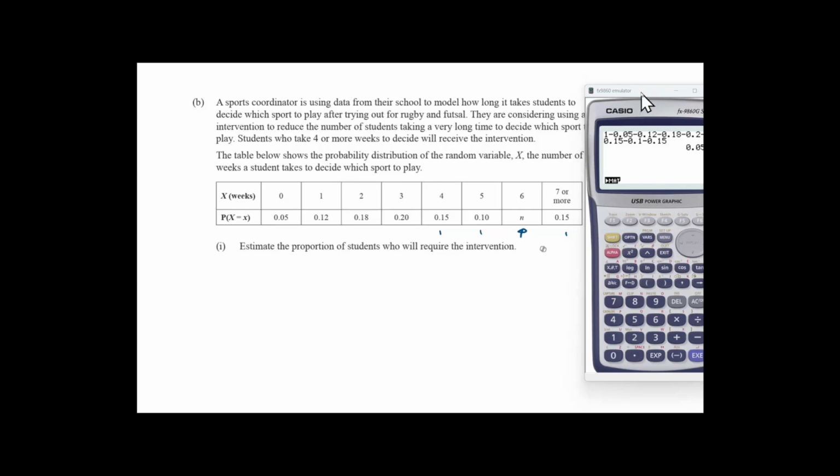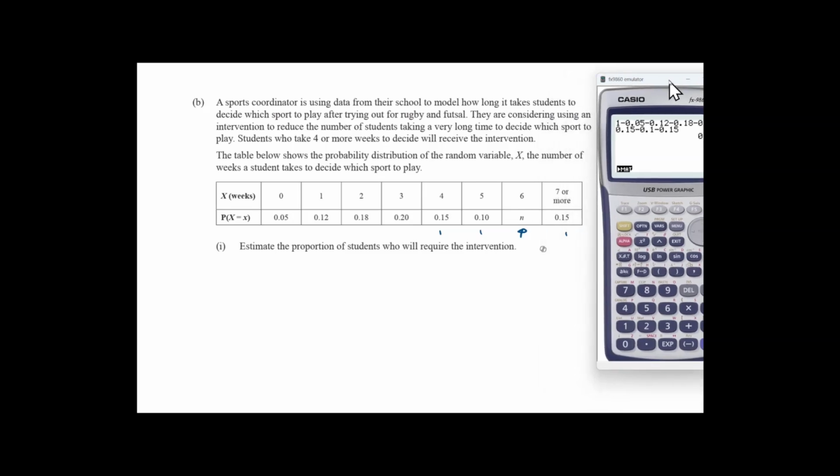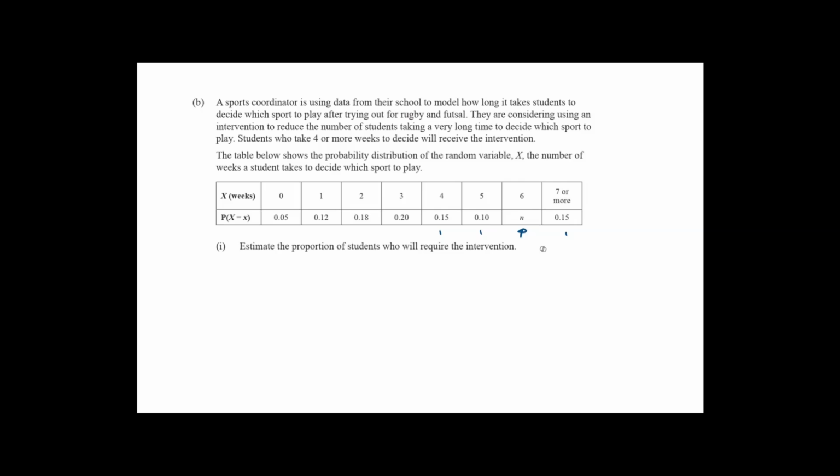Okay, I put those numbers in again, twice actually, and I got 0.05. I think I made a mistake. I just wanted to make sure because there's a lot of decimal points in there. So 0.05 should be the number that goes in there.